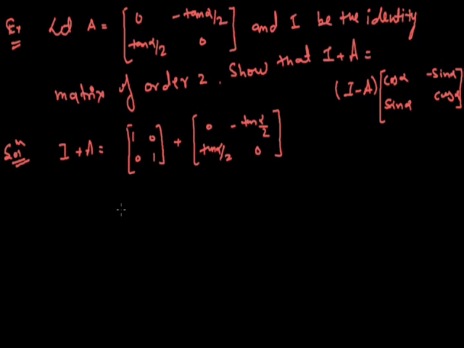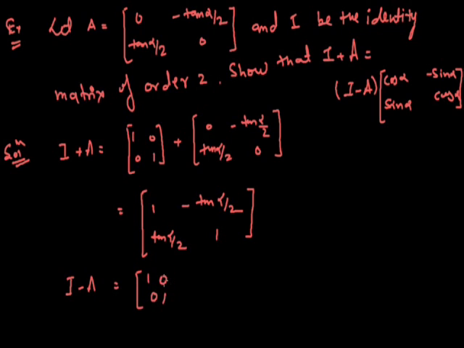Now if I add both the matrices, it is 1, minus tan alpha by 2, tan alpha by 2, 1. Now similarly I minus A is 1, 0, 0, 1 minus 0, minus tan alpha by 2, tan alpha by 2, 0.